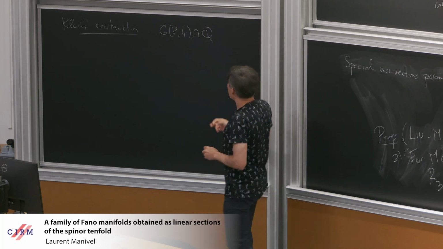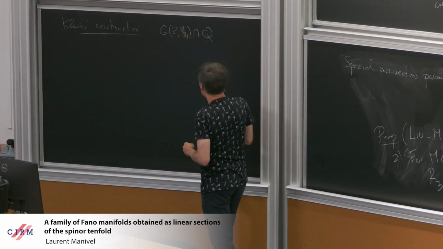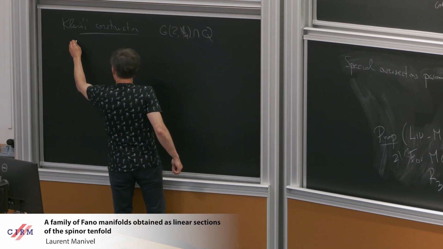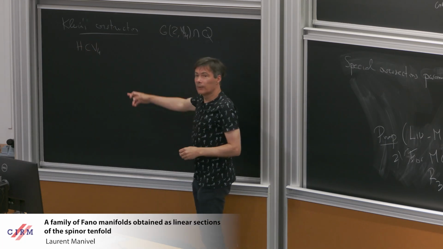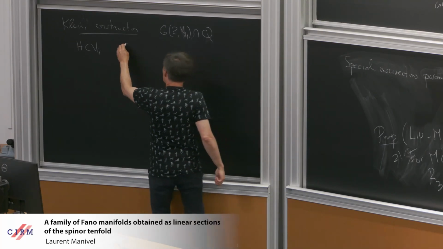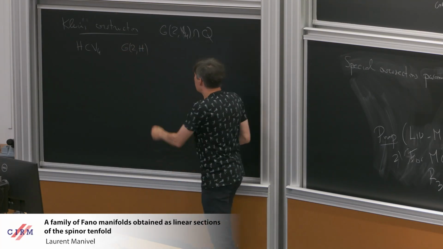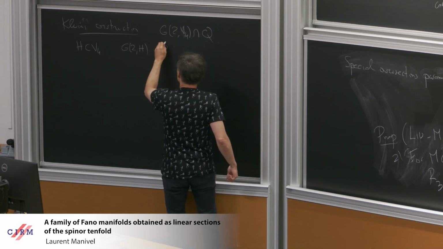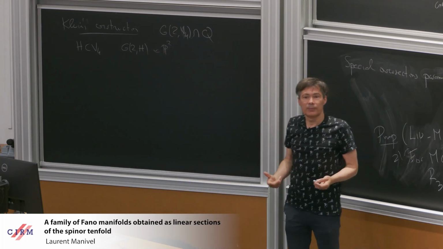And so when you do that, you can observe that if you take, so maybe I should call it V4 to be more consistent. If you take H in V4, so this is a hyperplane, then you have the two-dimensional subspaces contained in H. Again, that's a P2. So when you cut it with Q, you get a conic.